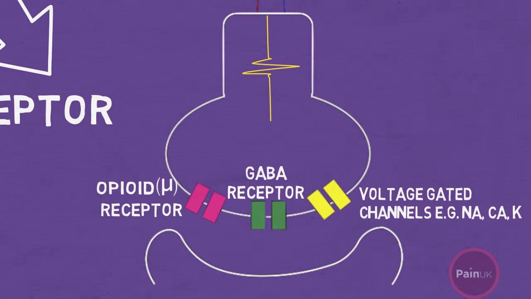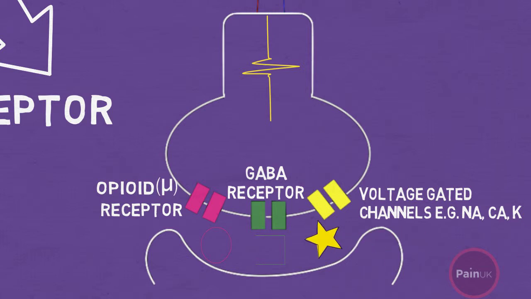As these receptors and channels are activated by their ligand binding to the receptor, for example an opioid binding to the receptor, or change in membrane voltage caused by the movement of ions, for example an influx of sodium activating the voltage-gated sodium channel, they will release the specific substance or ion into the synaptic cleft.